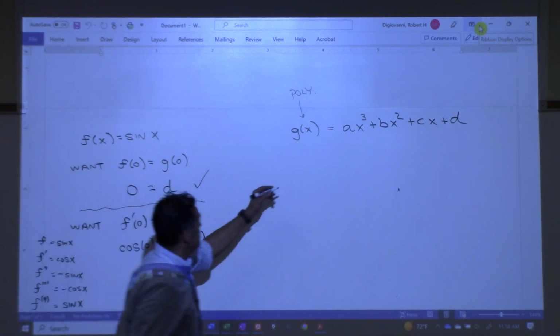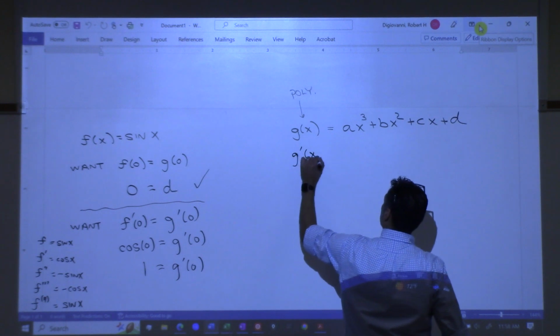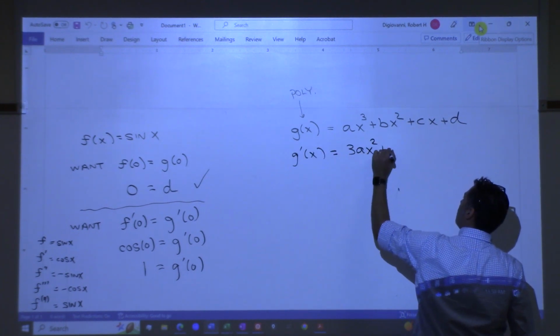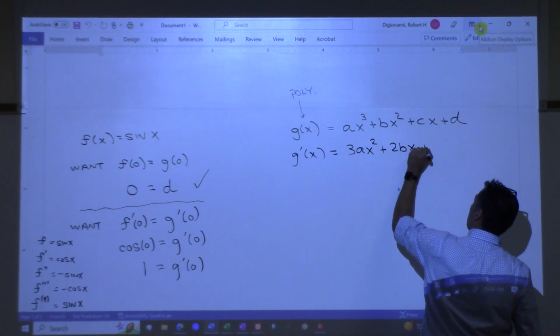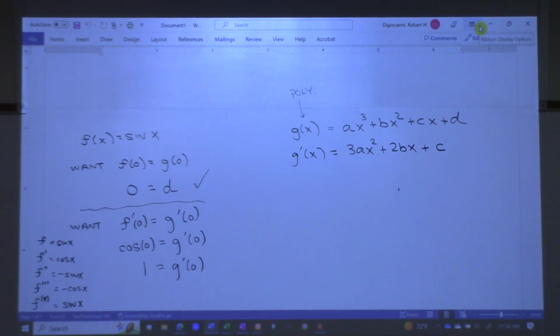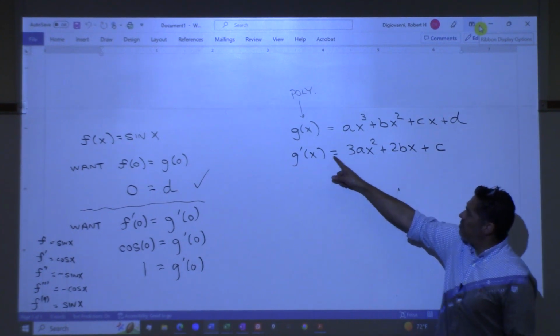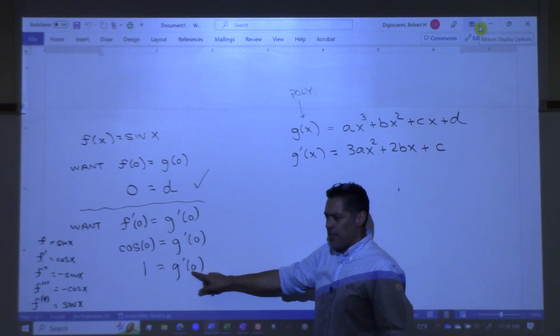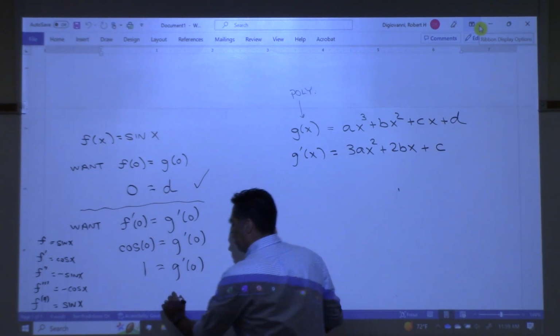What's the derivative of this? 3ax squared plus 2bx plus c, right? If I plug 0 into this, I get c. So when you plug 0 into the derivative, you get c. So I need c to be 1.